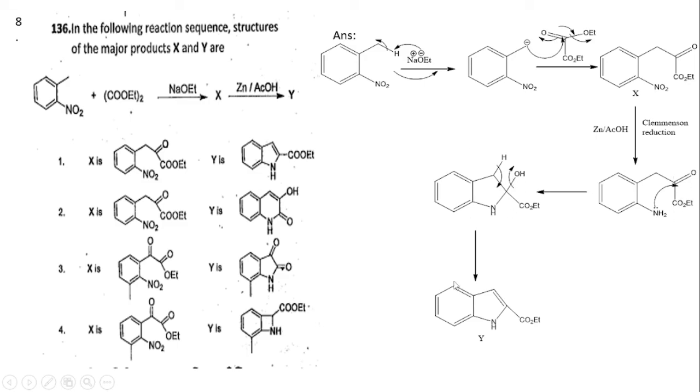So it leads to the formation of the five-membered ring, and after that dehydration, it leads to this product Y. So option one is the correct option. Okay.